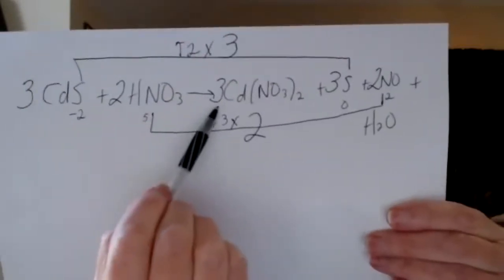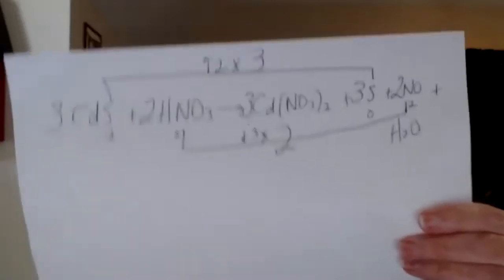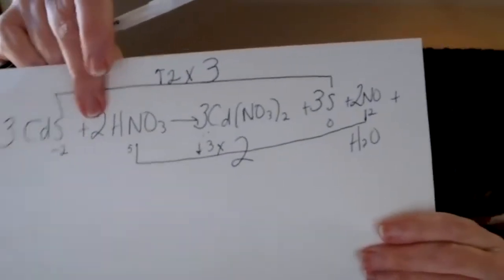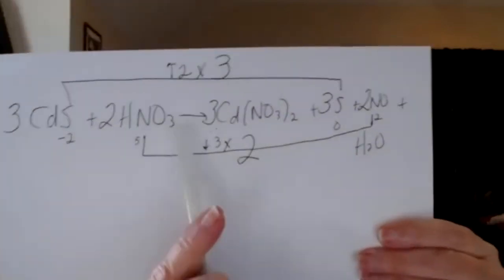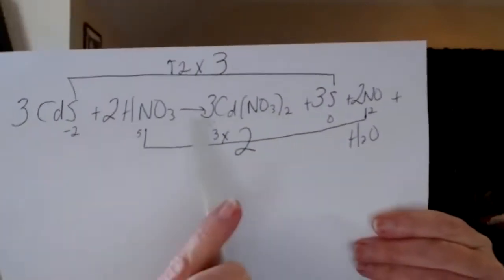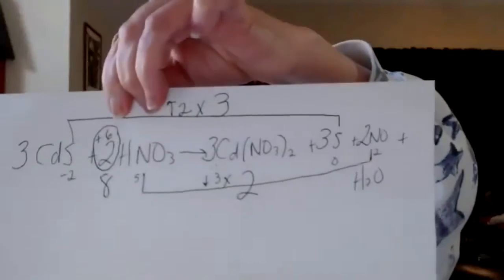Then when you put the 3 here to balance atomically the cadmium, what happens to this 2? You've got to update it by the other, well, how many more of these? 6, you have 3 times 2 nitrogens. So what the student would have to do is update that by the 6 that are not changing.